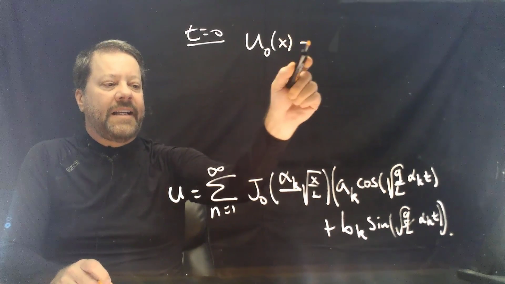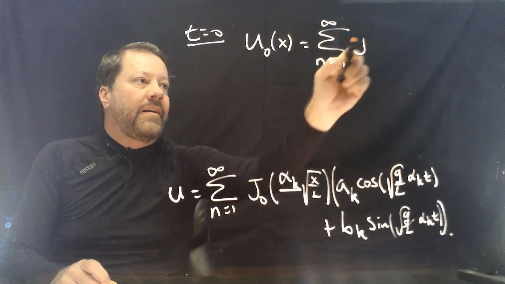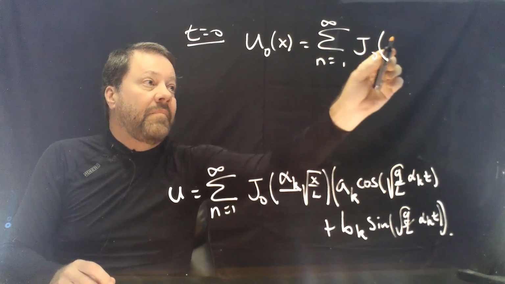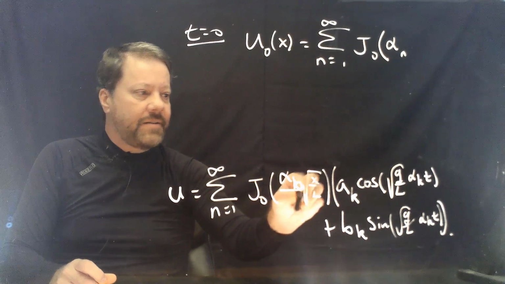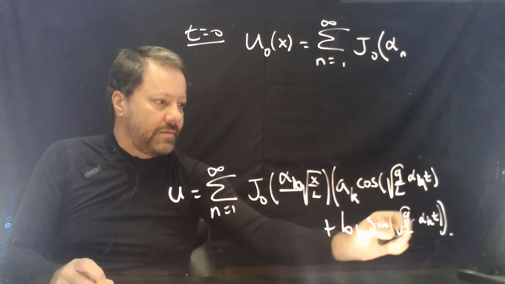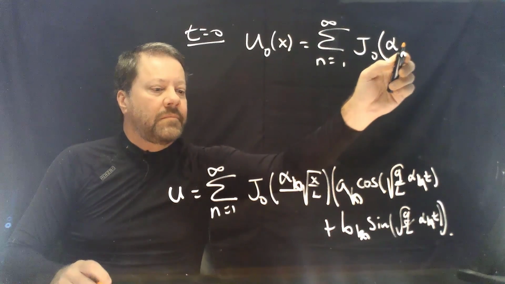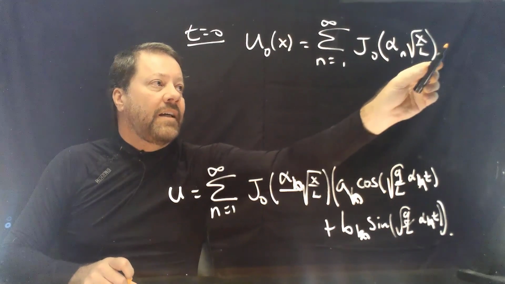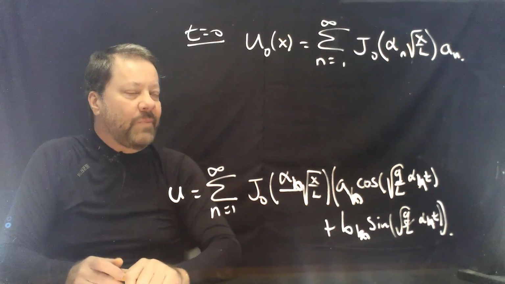The initial data then will be the sum, as n goes from 1 to infinity, of the J0 alpha n, I guess these should be n's, times root x over L times a sub n, and I guess all of these should have been n's to begin with.